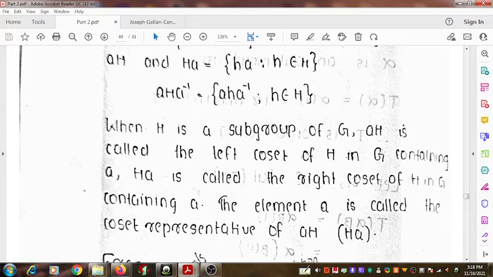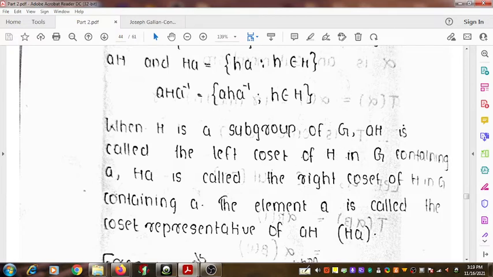From the general situation, we are now coming to the particular case when H is a subgroup of G. Then the new set aH will clearly contain the element a, because H contains the identity element e.